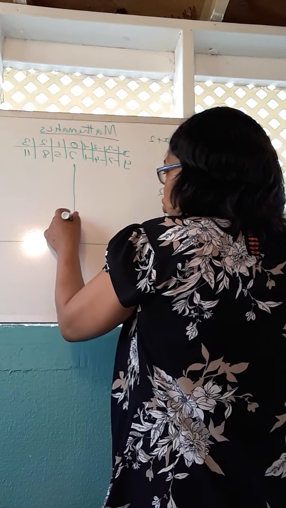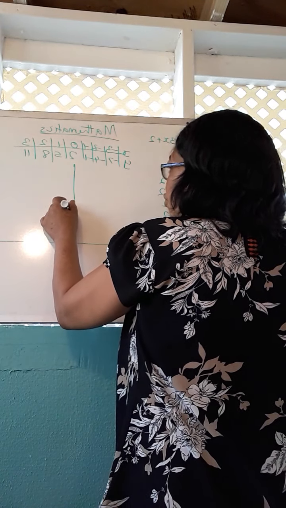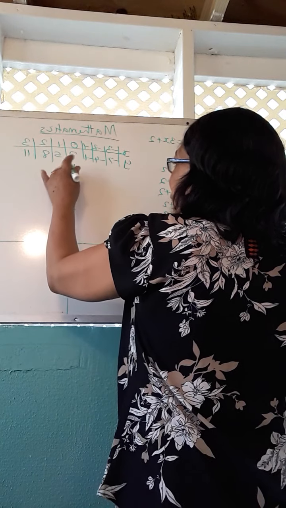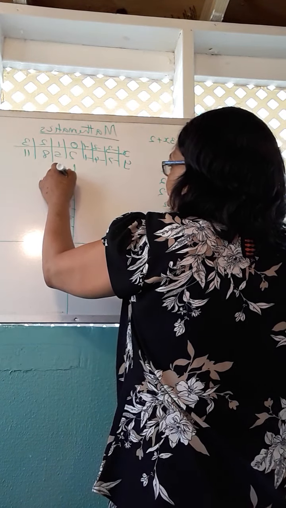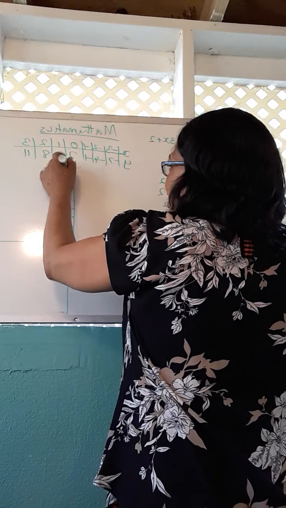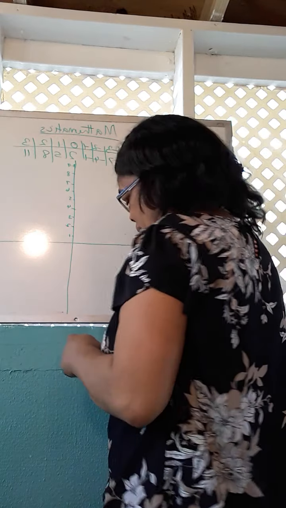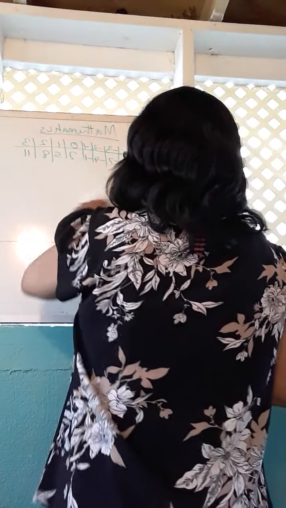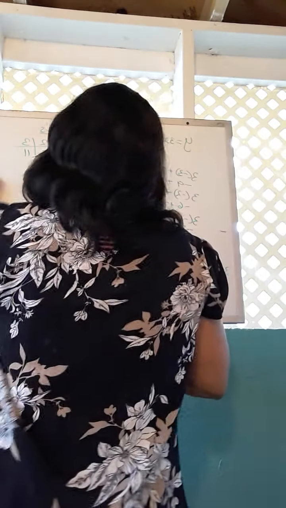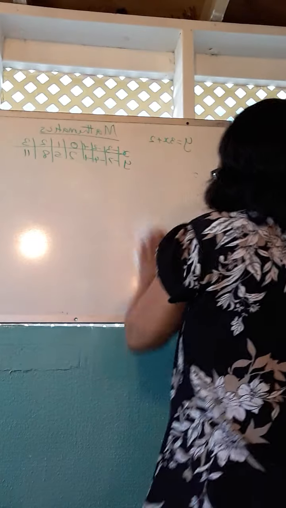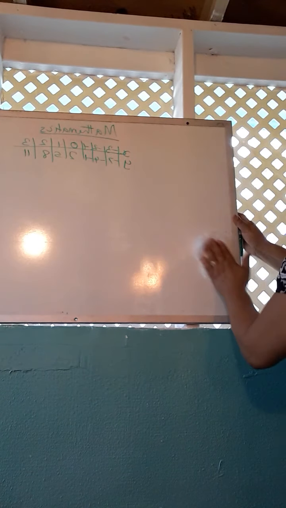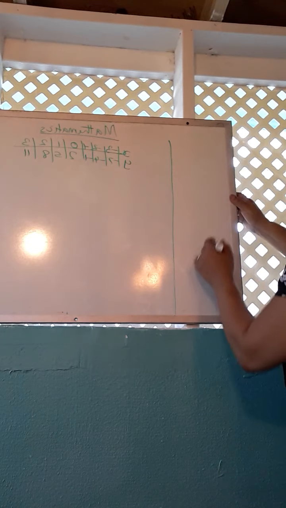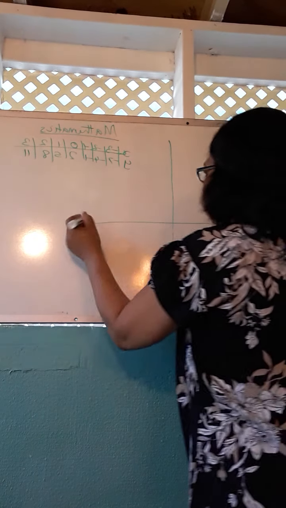1, 2, 3, 4, 5, 6, 7. Need to go up a little bit more. 8, 9. Need to probably shift that down because I'm running out of space. My y-axis is very long, so maybe put it over here where I have some more space on the board, and let's do it this way. Very long y-axis.